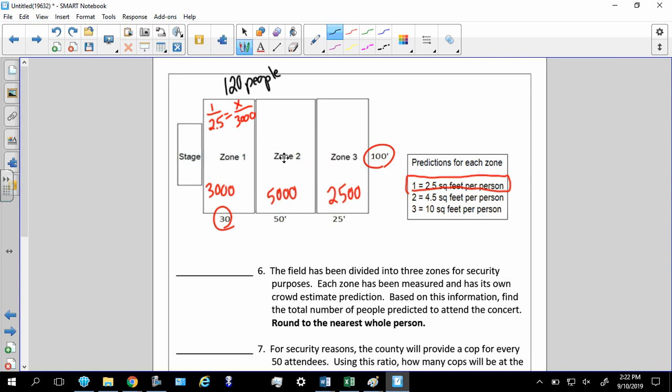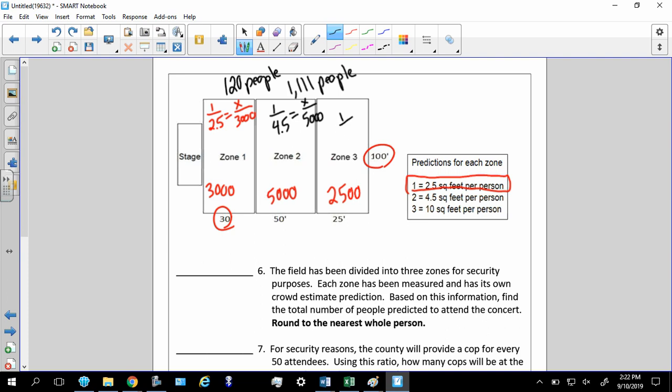Zone 2, 1 over 4.5 is equal to x over 5,000. Do the math, and I can fit 1,111 people. Zone 3 is exactly like zones 1 and 2 as far as how you're solving it.